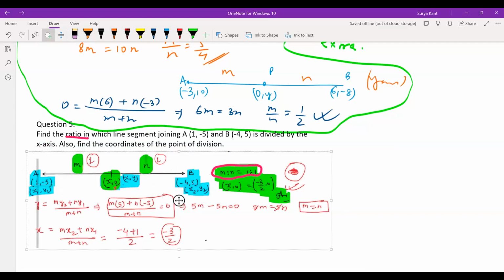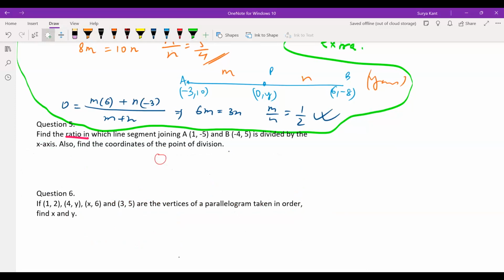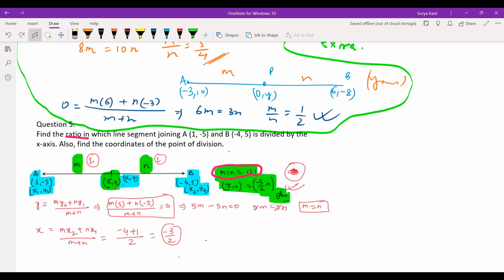So first you find the ratio, and then you can go for the point of division.